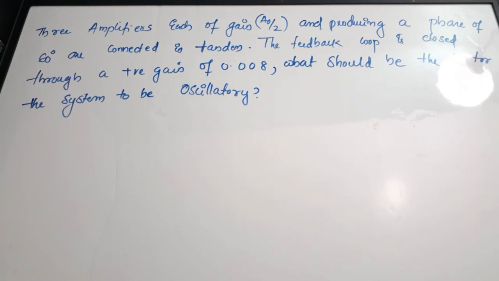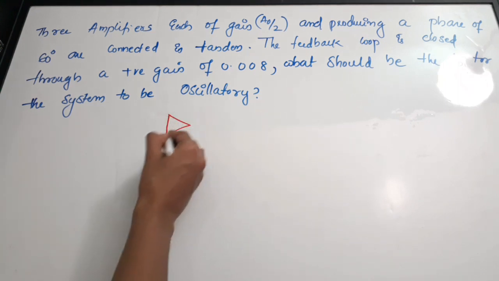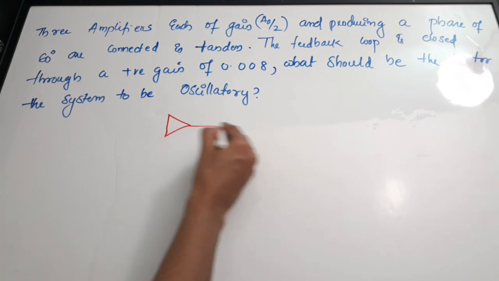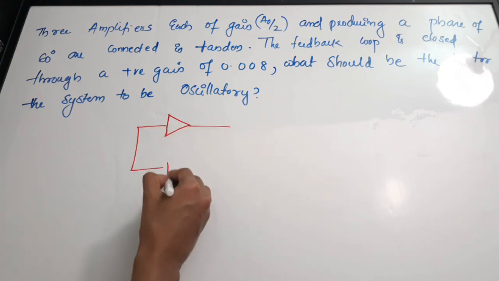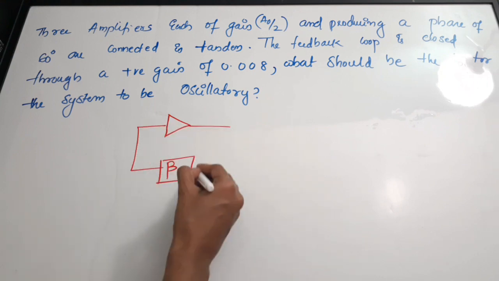Okay, so there are two things you need to understand from this question. One thing is that we are going to connect 3 amplifiers, not just a single amplifier, but 3 amplifiers together with a feedback. Okay, so we know that for the case of an oscillator, there is an amplifier circuit and there is a feedback circuit.